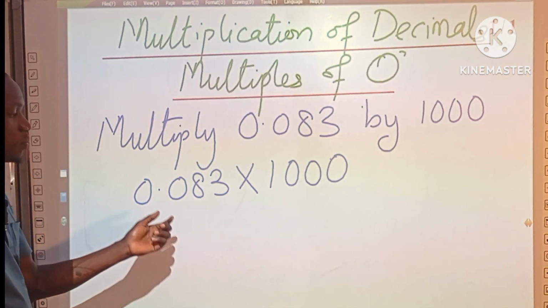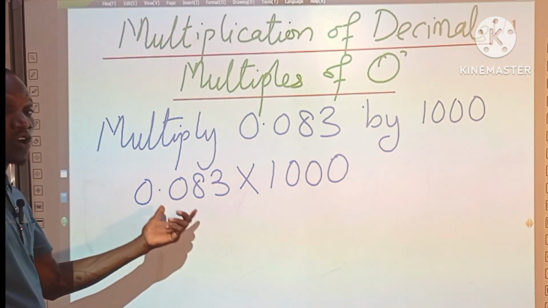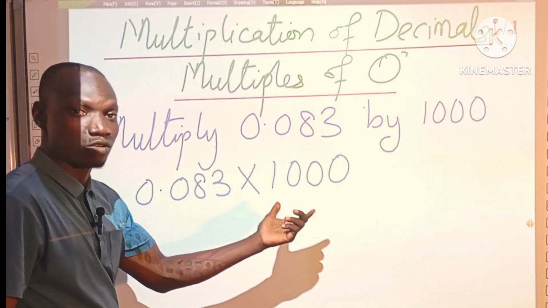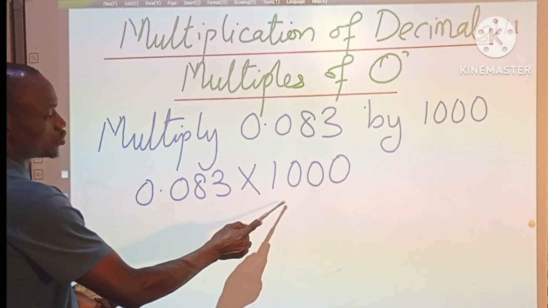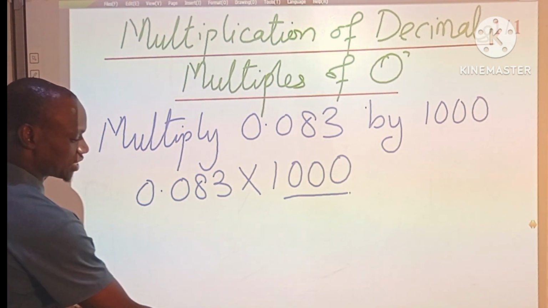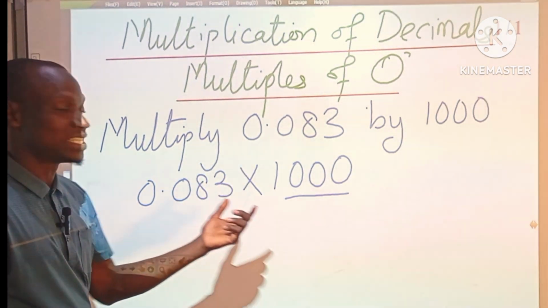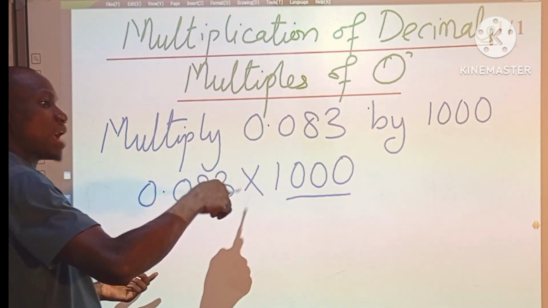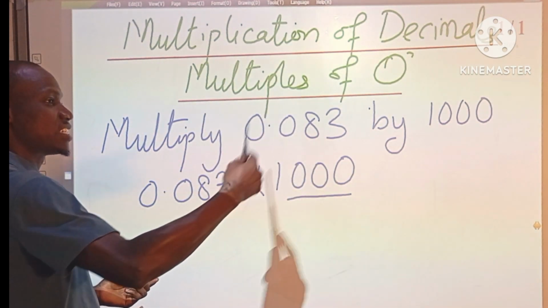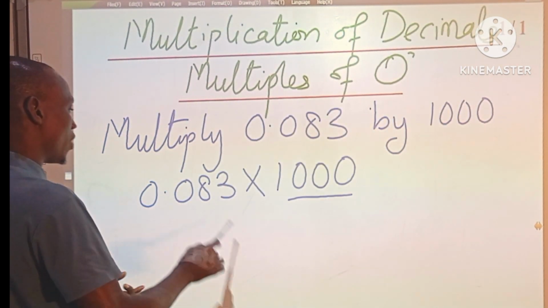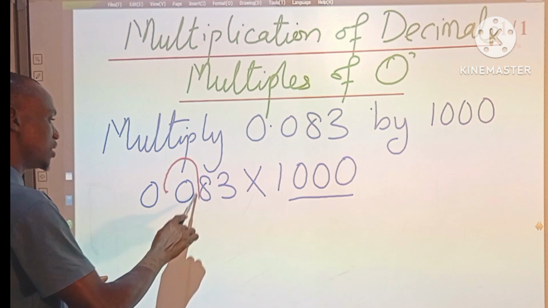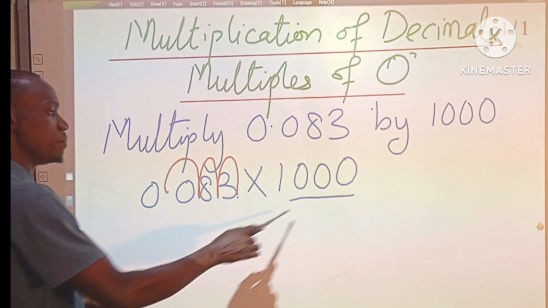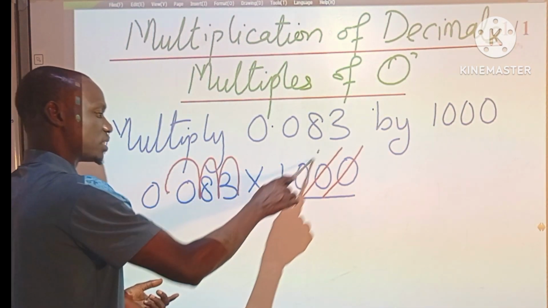So multiplying 0.083 by 1,000, since the 1,000 has 3 zeros, we are expected to move our decimal point from its original position 3 steps forward. That is 3 steps to the right hand side. Now let's go. 1, 2, 3. This simply means these 3 zeros have been taken away.